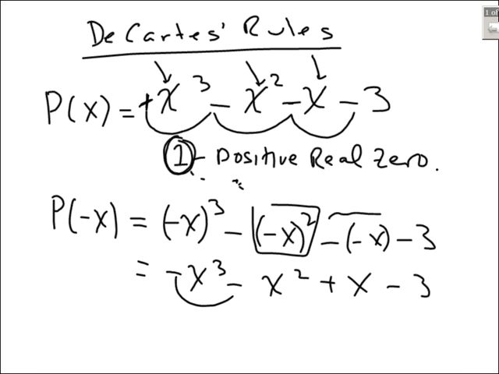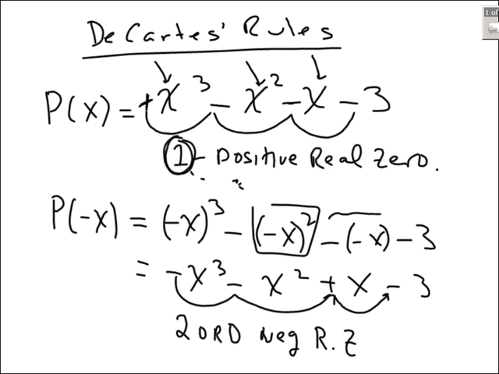No sign changes, one sign change, or second sign change. So it has 2 or 0 negative real zeros.